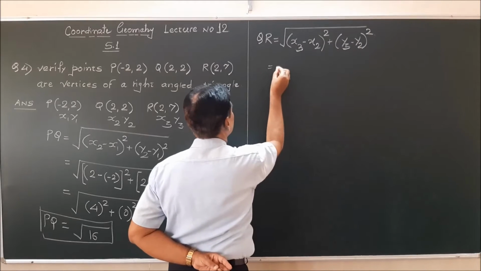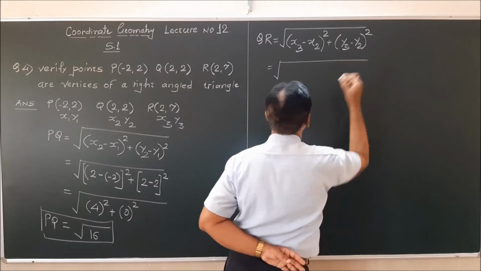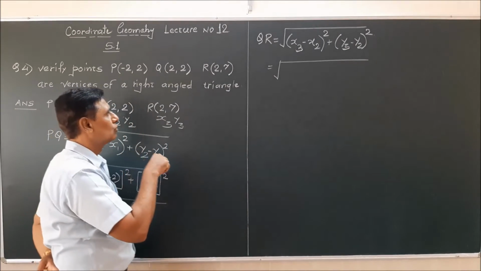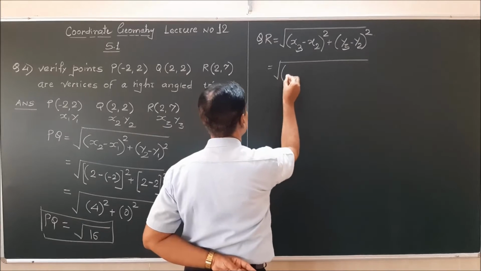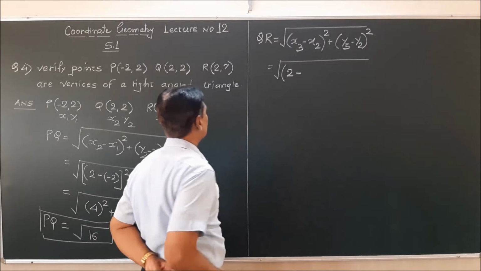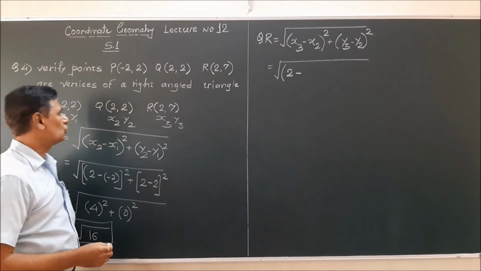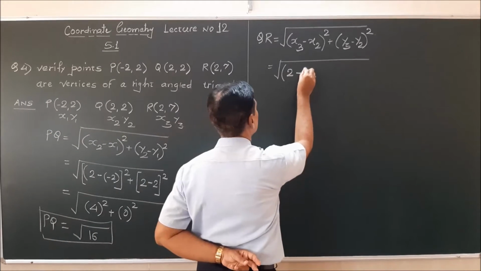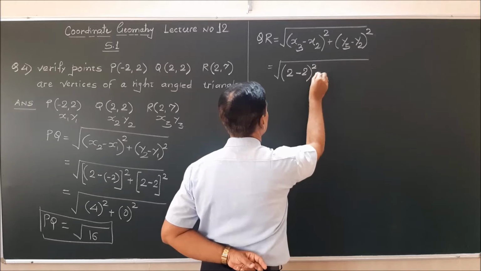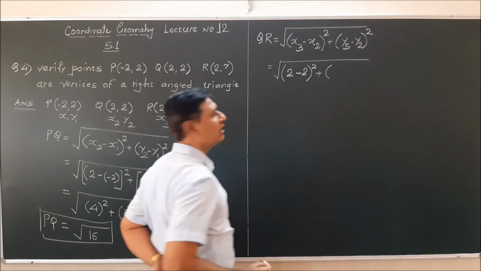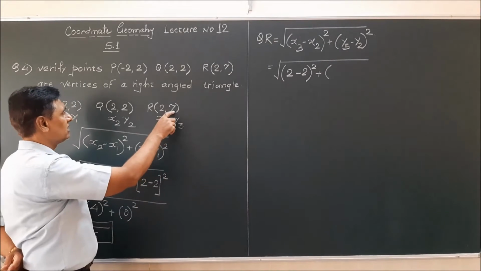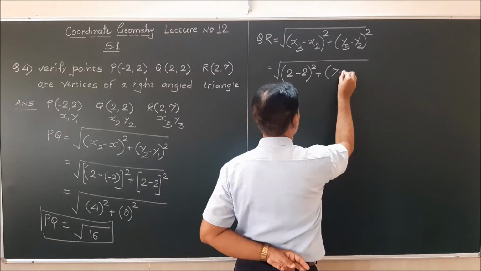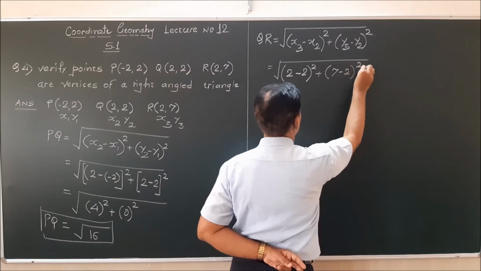The next step is to substitute values. The value of x3 is 2, so I write here 2 minus the value of x2, which is also 2. So (2 minus 2) the whole square plus y3 minus y2. Now y3 is 7, so (7 minus 2) the whole square.